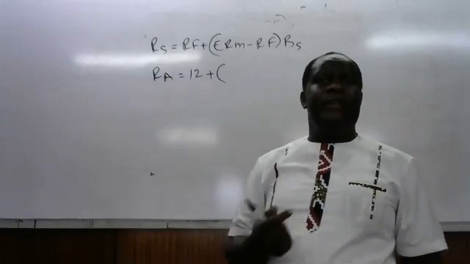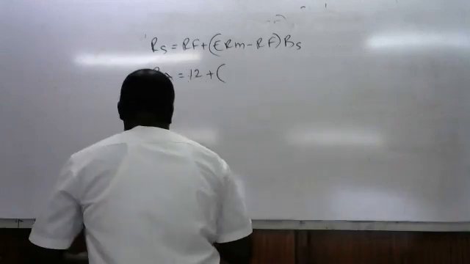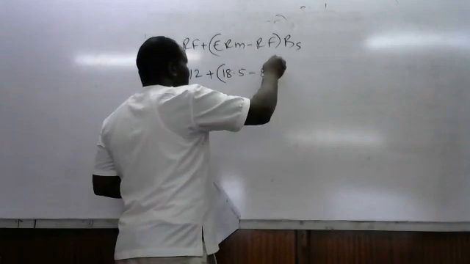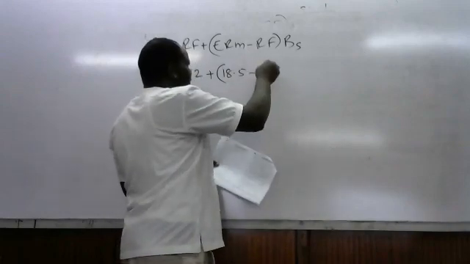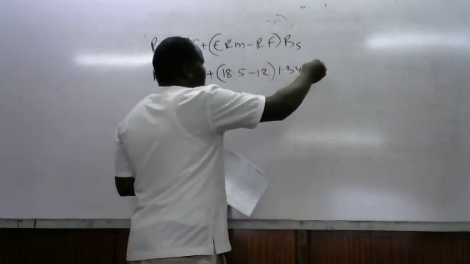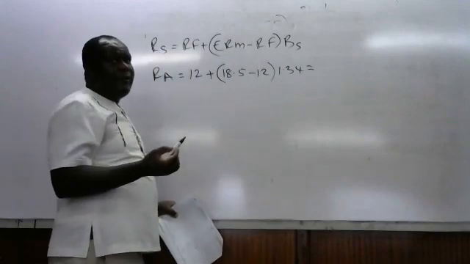So they give you an index, multiply by 100 to show it as a percentage. So it is 18.5, then minus 12. Then the beta is given as 1.34. That will be for A.